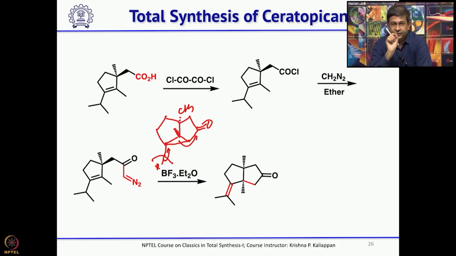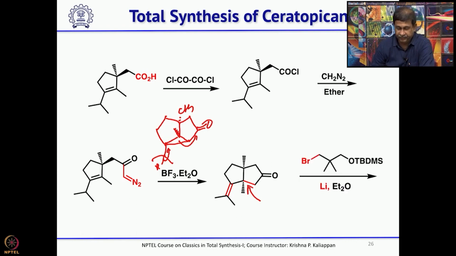So, in this particular step you can see first the diazo compound formed the cyclopropane and then it opened, and in the process a quaternary carbon is fixed stereochemically and also a 5-membered ring is formed.